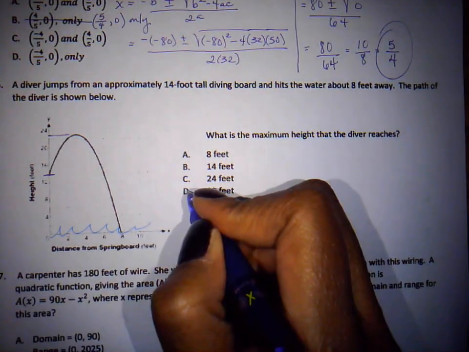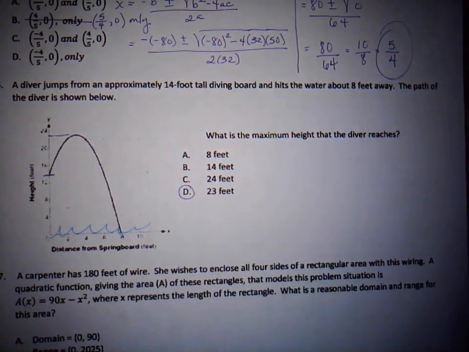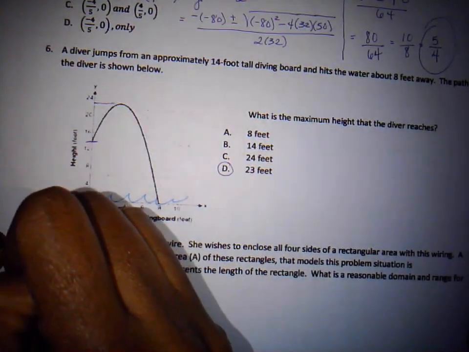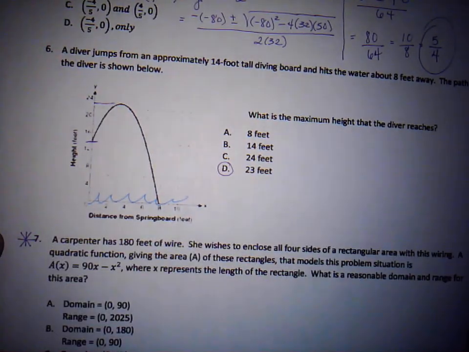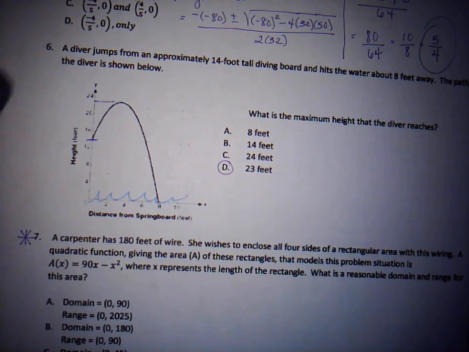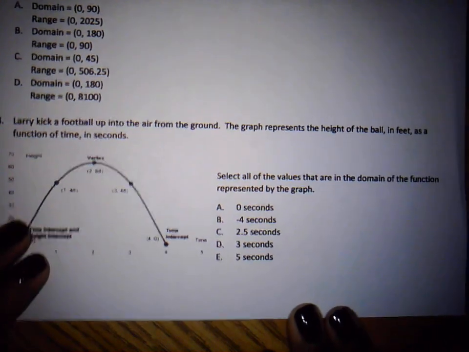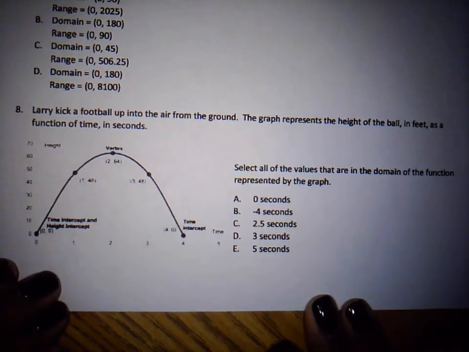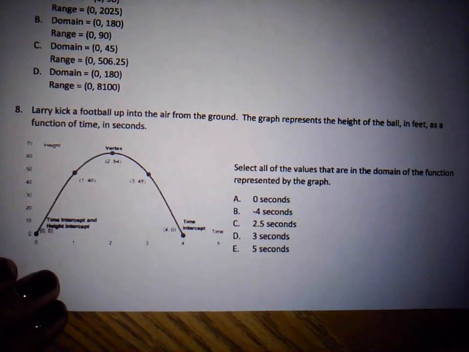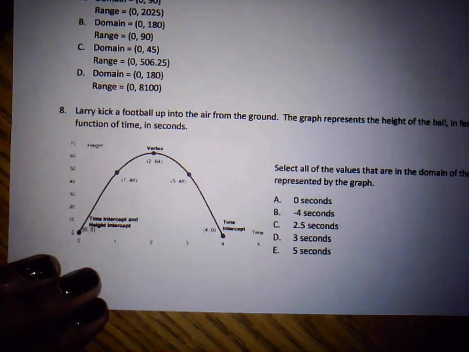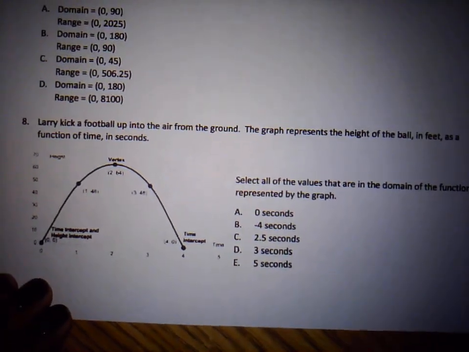So it'll be answer choice D. Put an asterisk beside number 7. And we're going to press on to number 8. This looks oblong. Never mind.